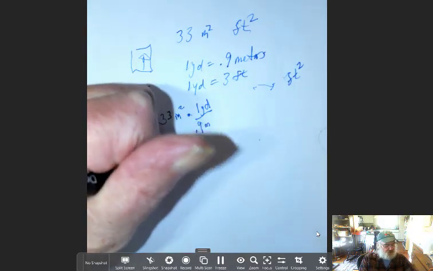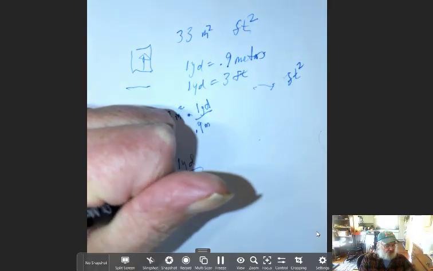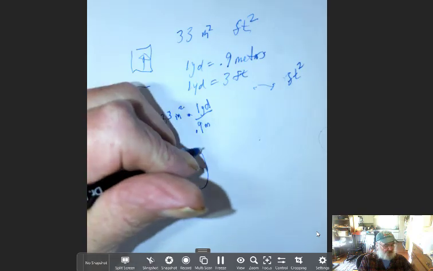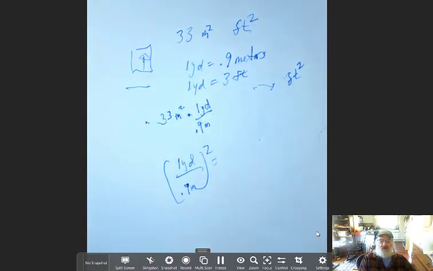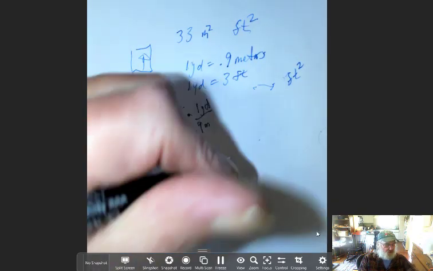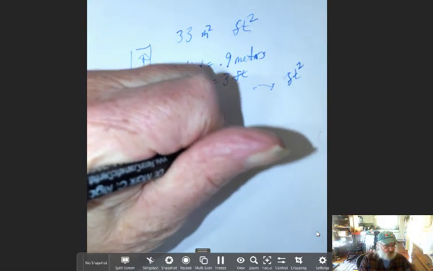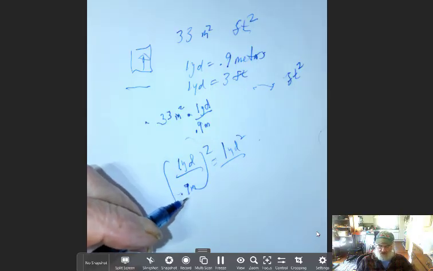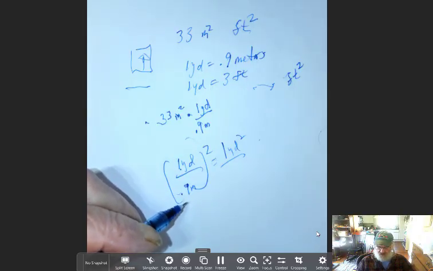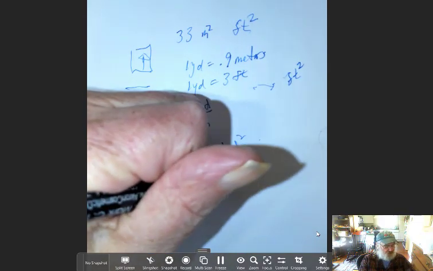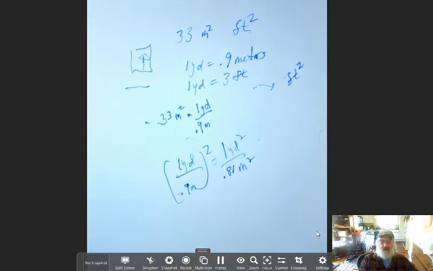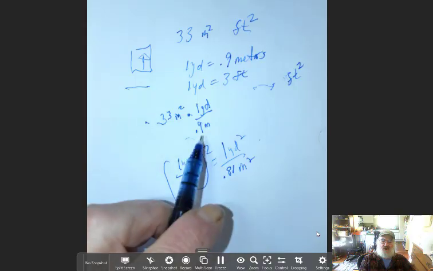So what I'm going to do here is take 1 yard over 0.9 meters, and I'm going to square the whole thing. 1 times 1 is 1, so 1 yard squared is the same thing as 0.9 times 0.9, which I believe is just 0.81. I should know that, and it is 0.81 meters squared.